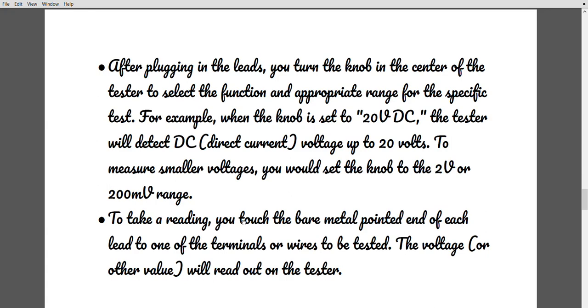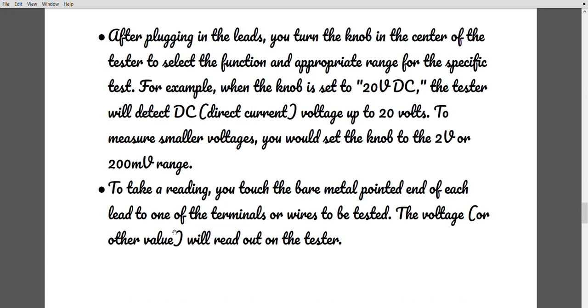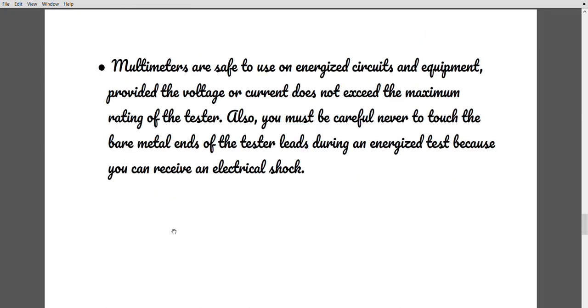For example, when the knob is set to 20 volt DC, the tester will detect DC voltage up to 20 volts. To measure smaller voltages, you would set the knob to the 2 volt or 200 millivolt range. To take a reading, you touch the bare metal pointed end of each lead to one of the terminals or wires to be tested. The voltage will read out on the tester.